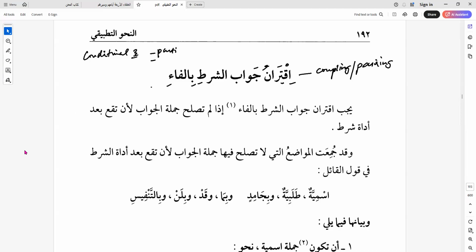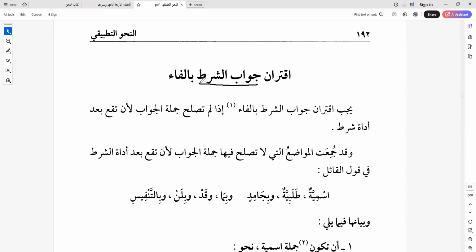But there are some instances where the jawab al-shart, which is the apodosis, is paired with fa, the letter fa, right? It's paired with the letter fa. And these are the instances we're going to look at. When are you required to pair the jawab al-shart with fa? And what kind of fa is that?